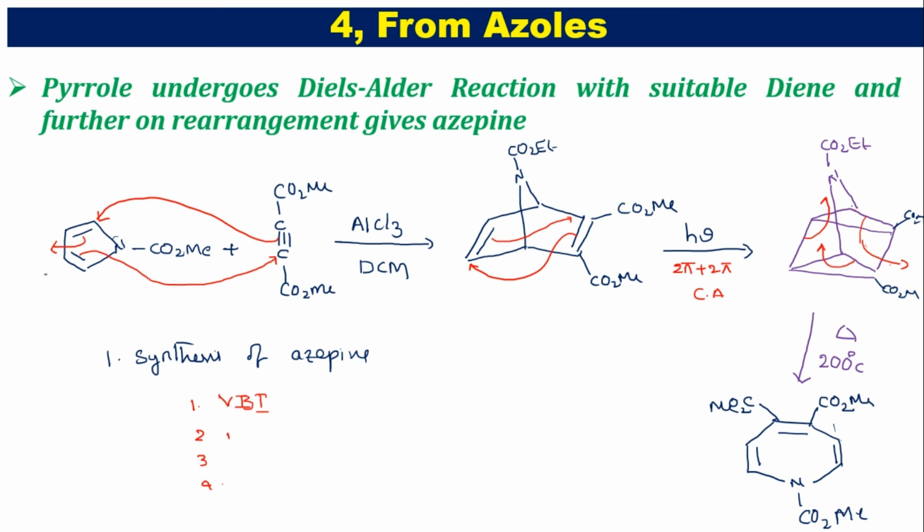Second one is from azirines. Third one is from phenyl azide. Last one is from azoles. So friends, this is about the synthesis of azepine. Thank you.